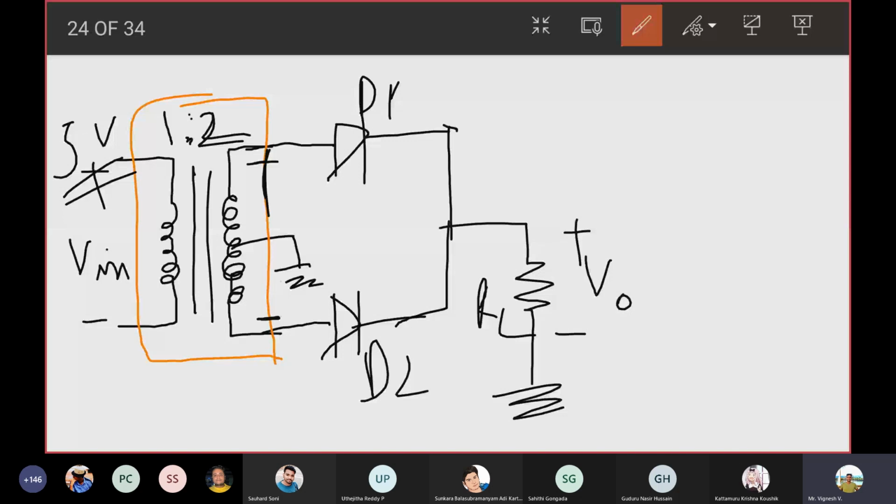Since the transformer ratio or the turns ratio is given as 1:2, let us say we are discussing the positive half cycle. So this would be Vin and this would be Vin. I'll just erase this and rewrite again.